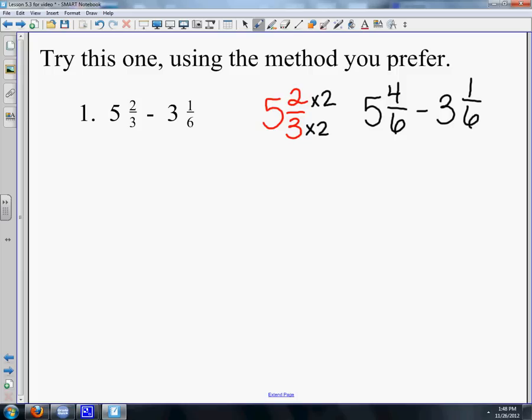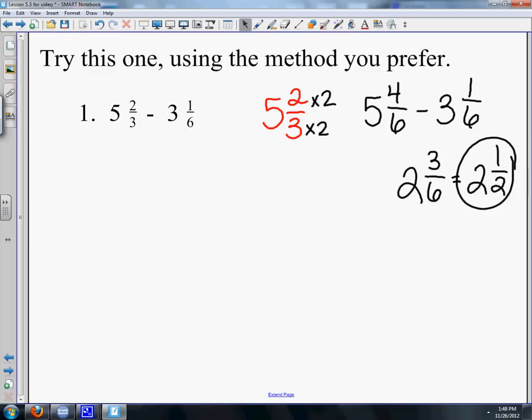I really don't need to change them into improper fractions because I can do 4/6 minus 1/6. Okay? So 5 4/6 minus 3 1/6. 5 minus 3 is 2, and 4/6 minus 1/6 is 3/6, which is 2 1/2. So this is a pretty simple one, okay?